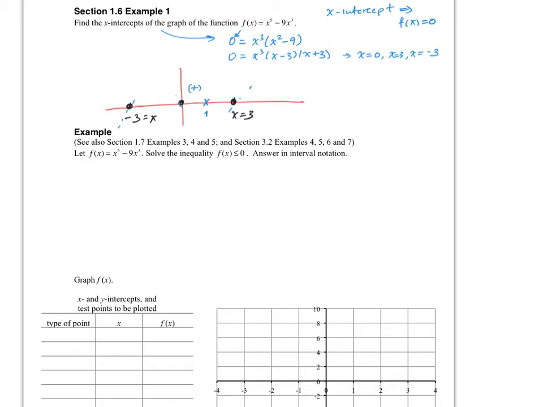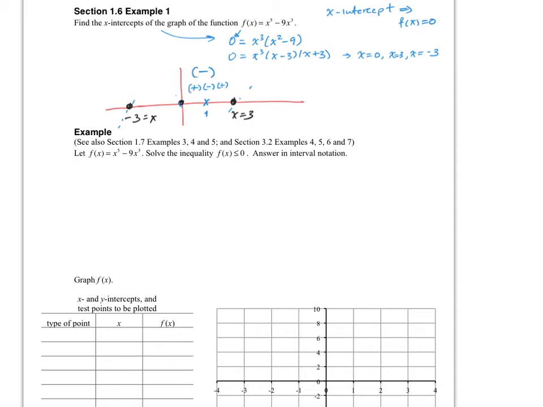You only care if it is positive or negative, you don't care about the actual number. If you plug in x equals 1 here, 1 minus 3 gives you negative. And then here, 1 plus 3 is 4, so it gives you a positive value. Positive times negative times positive is negative.